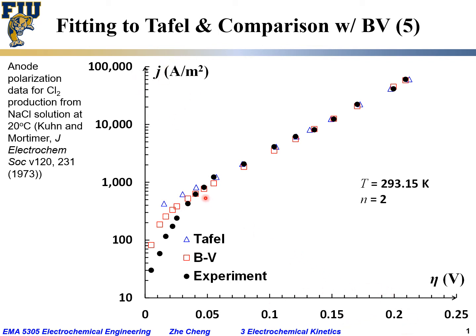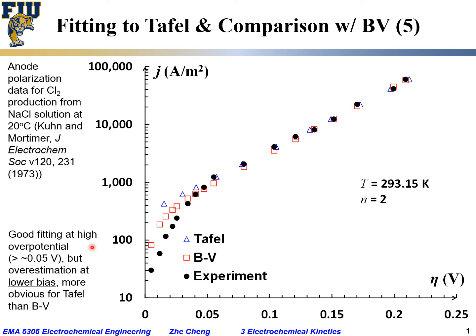And here we clearly see that when the current is above around, I would say 100, when the overpotential is above around 0.1 volt or 100 millivolt, the fit is good, and below 0.1 volt, there might be slightly larger difference, and it really starts to get more significant when the overpotential is smaller than 0.05 volt or 50 millivolt. Below that, you can see the difference between the Tafel relationship and the experiments would become more and more significant.